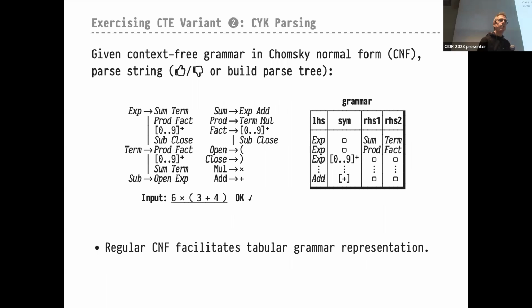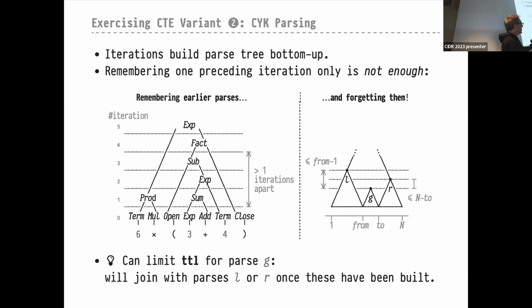And what you can do with that, for example, is implement very succinct, very elegant parsers in recursive SQL. That would be a grammar, a context-free grammar in Chomsky normal form. It's very easy to have a tabular representation of that. And if you have that tabular representation and you use this query I will be showing you in a few seconds, then you will see it will use that grammar to perform a bottom-up parse of some input string that you give it. Some parsing knowledge will be found in iteration 0 of our CTE.